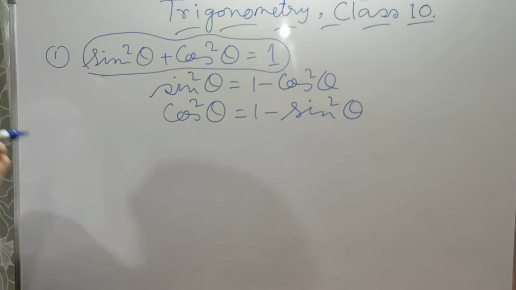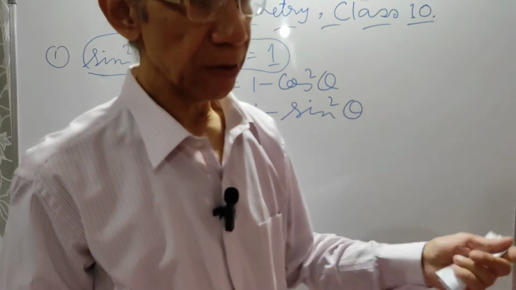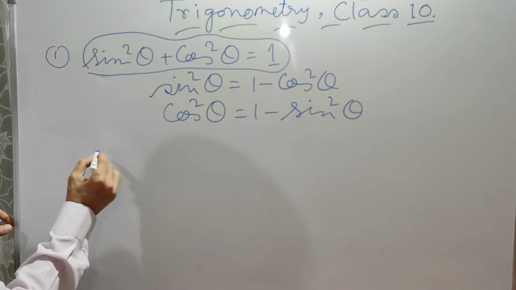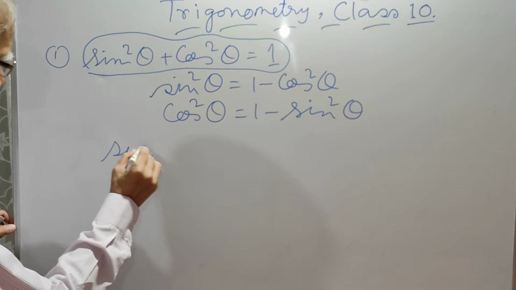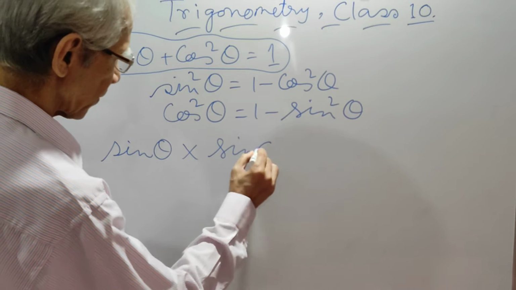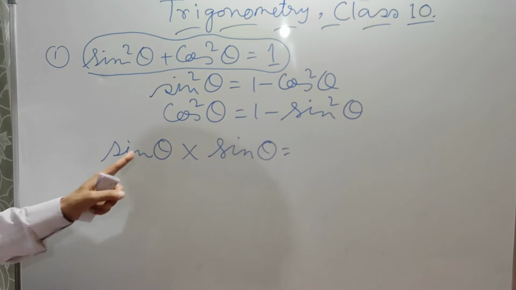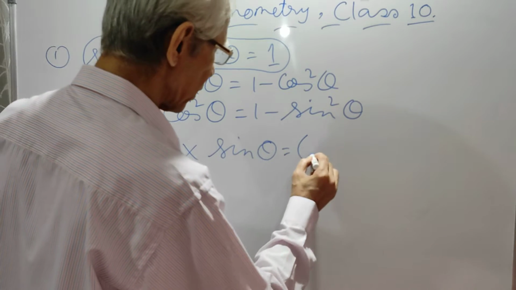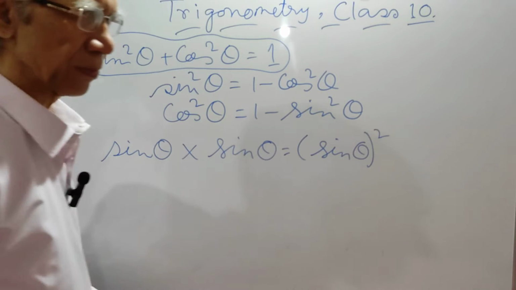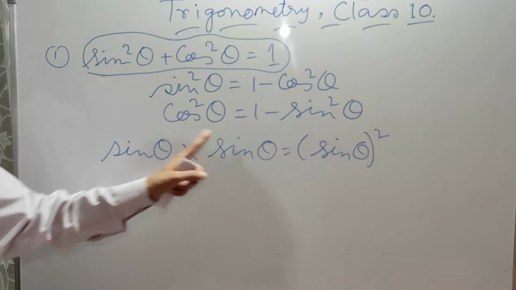Now here one very important point, again students make mistakes. Let me tell you, what is the meaning of sin square theta? Sin theta into sin theta is sin theta whole square. It is like x into x. What is x into x?